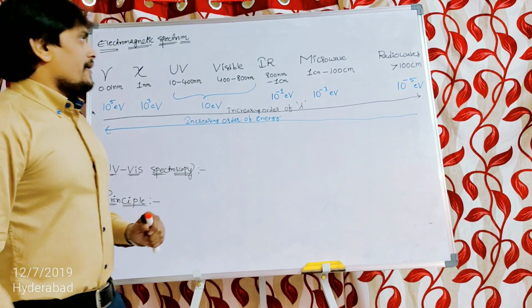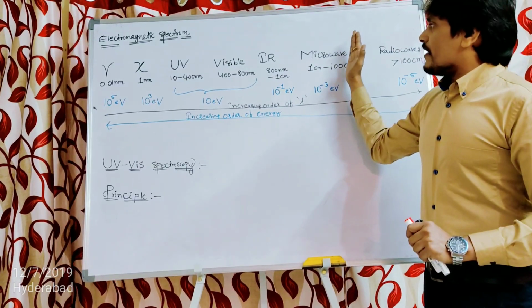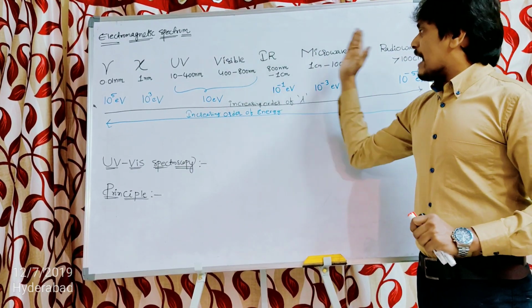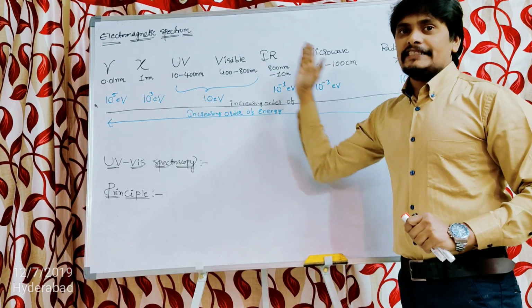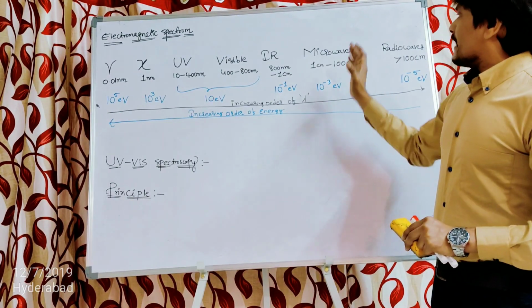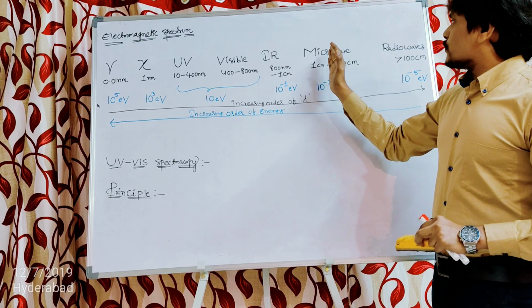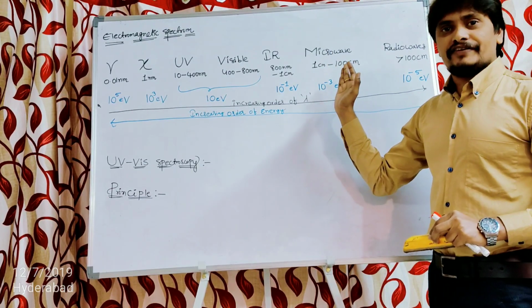Now, as we move from microwave to UV, what is happening, students? The energy is increasing. The energy associated with microwave radiations is less, which is 10 to the power of minus 3 electron volt.